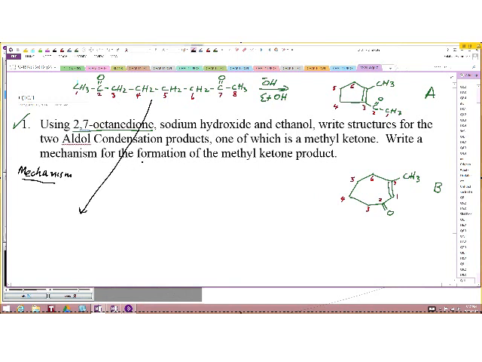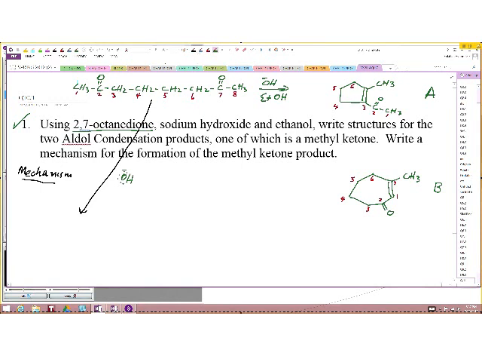The first thing that happens is we form the enolate. What is going to form the enolate? Hydroxide, right? The base. So the hydroxide comes in.